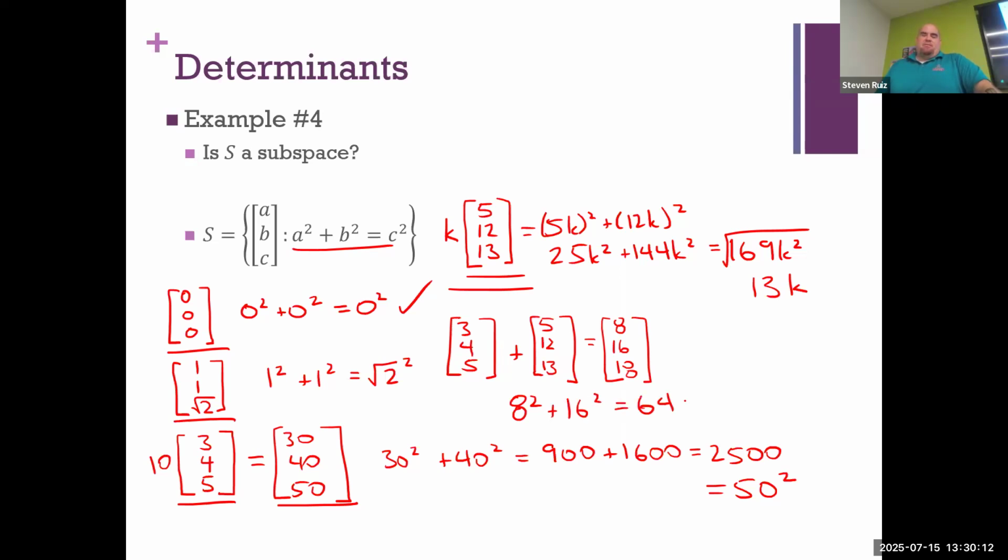What is 16 squared? 256, I think. So is that 320? Can't remember what 18 squared is, but I'm sure it's not 320. It has to be something that ends in 4. 324. 324? Okay.